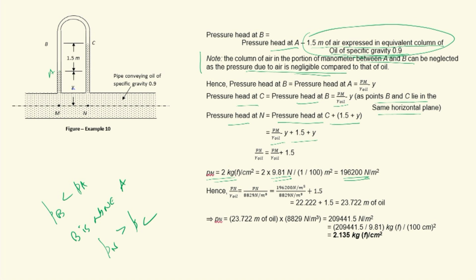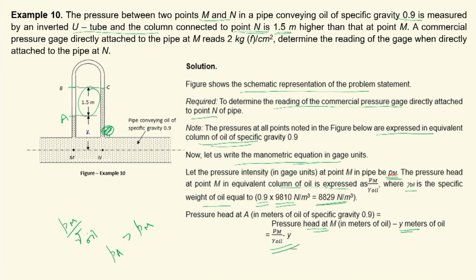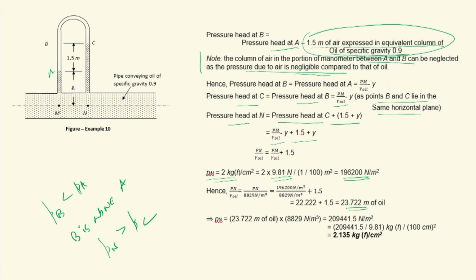So Pn, you express it in meters of oil. So it is Pn by gamma oil, that is Pn by 8829, sorry, this is Pm. Okay, Pm by 8829 Newton per meter square, that is equal to Pm by gamma oil plus 1.5.